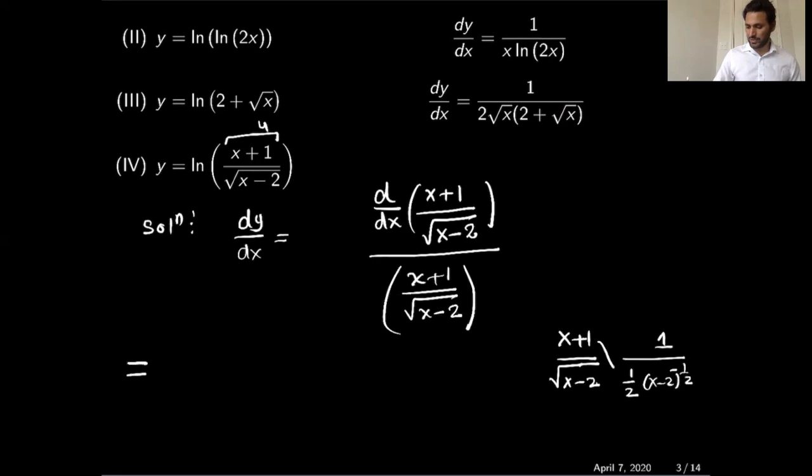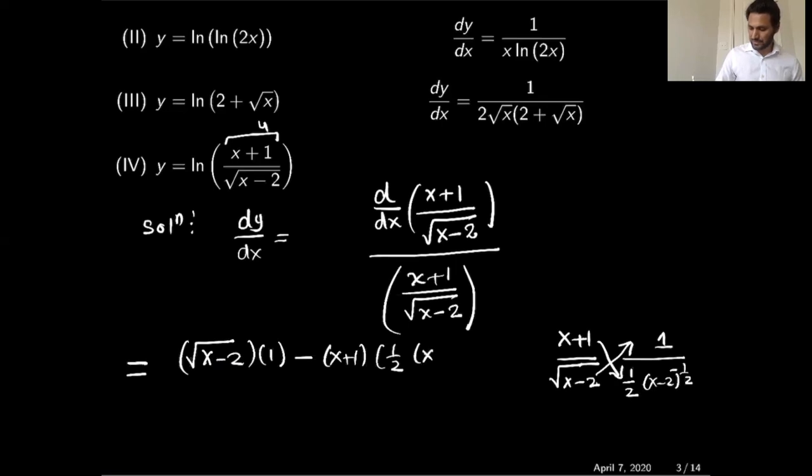And then we recite the chant: low d high, high d low. So low multiplied by high: the low function, square root of x minus 2, is multiplied by high, which is 1, minus high multiplied by low's derivative. x plus 1 is multiplied by the derivative of low, which is 1/2 times x minus 2 to the power negative 1/2. The whole entire thing is divided by low squared, which is the square of x minus 2 square root.